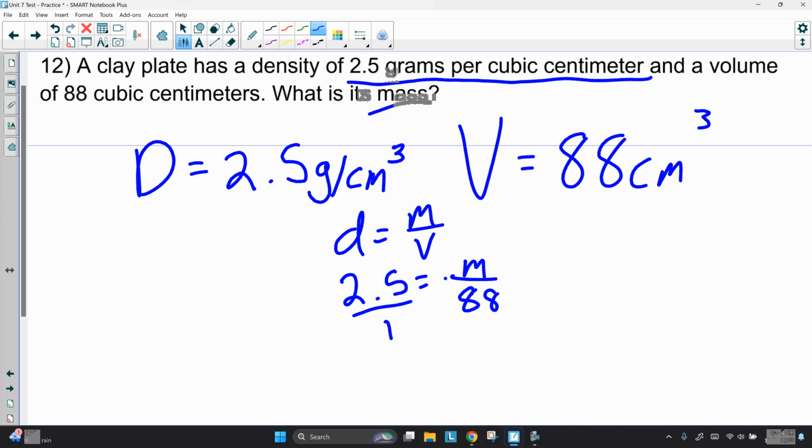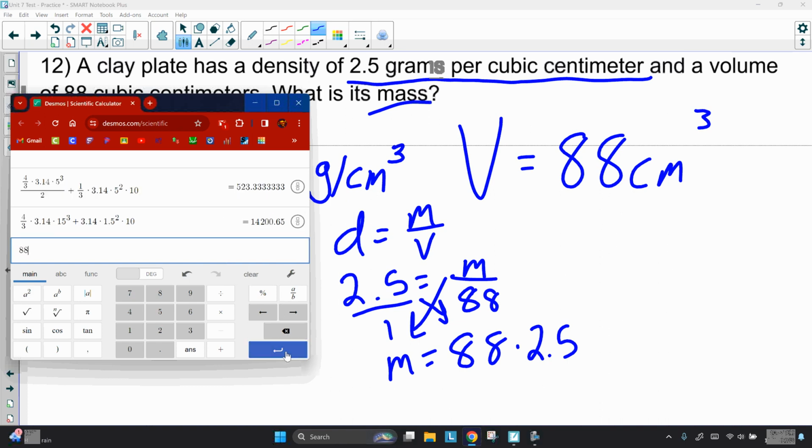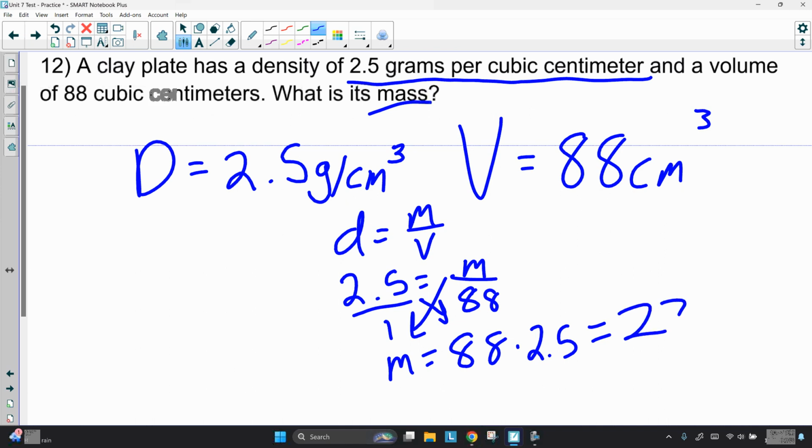Again, good old Desmos is here for the rescue. I'm going to clear that. 220 is our answer. And this is mass, so this guy is in grams. There we go. Easy peasy.